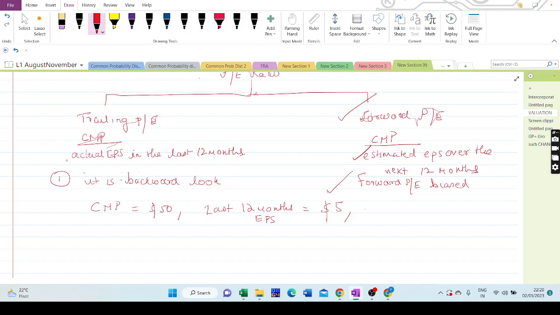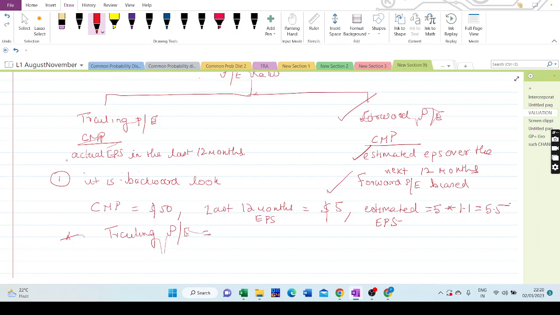So the estimated EPS in 1 year is 5 into 1.1, that is 5.5. The market is expecting EPS to increase by 10%. So estimated EPS is 5.5, right?